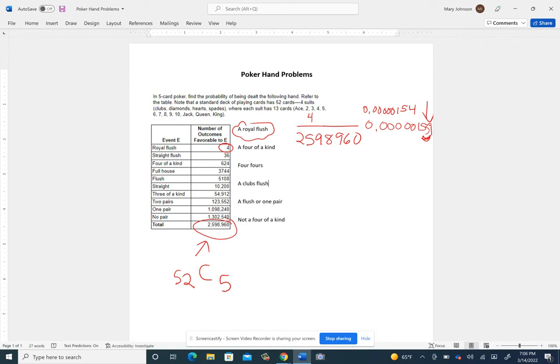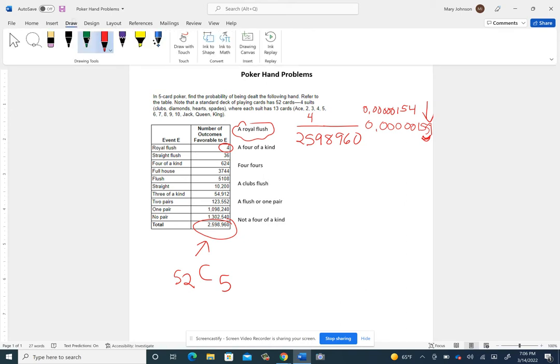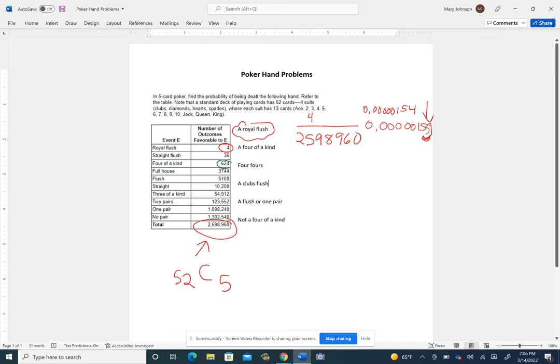Okay. All right. So you do a similar thing for 4 of a kind. Let me do it in a different color. For that one, there's 624 four of a kind hands out of the total. So you would divide those two by 2,598,960.